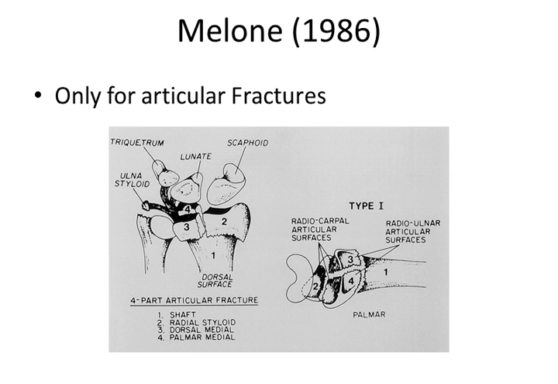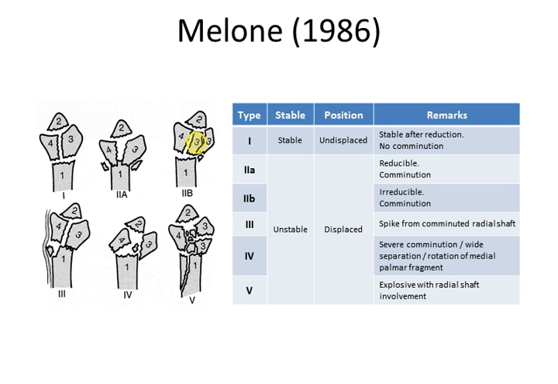His classification is based on groups 1, 2, 3, 4, and 5. Group 1 is for stable and undisplaced articular fractures. When he says stable, it also means that it's stable after you do the reduction, doesn't displace, and there's no comminution.